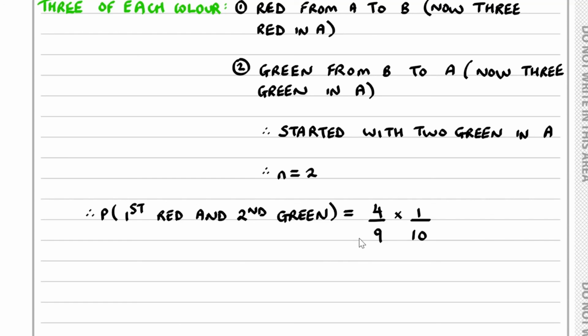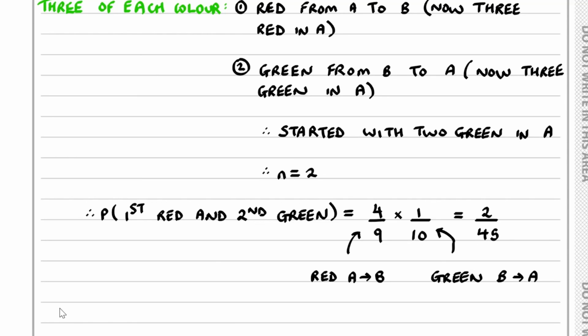So what have I worked out here? Well, here I've worked out going red A to B, and here I've got the green B to A. So if I work all of this out, I get 2 over 45.